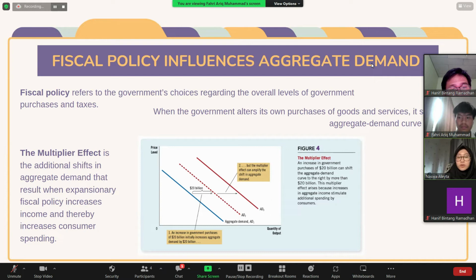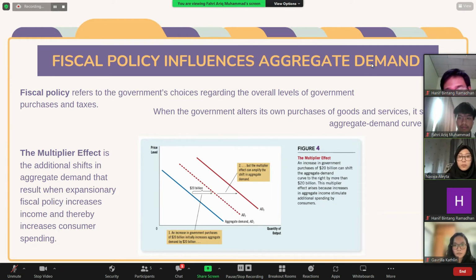So fiscal policy essentially refers to the government's choices regarding the overall levels of government purchases and taxes. Fiscal policy affects aggregate demand through changes in government spending and taxation. Those factors will then influence employment and household income, which then impact consumer spending and investment.